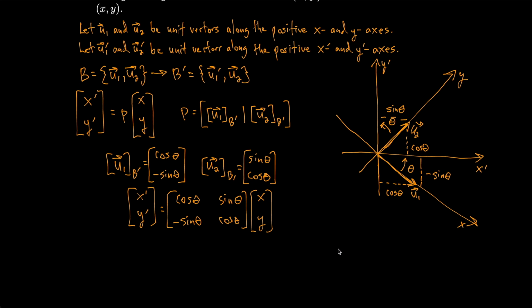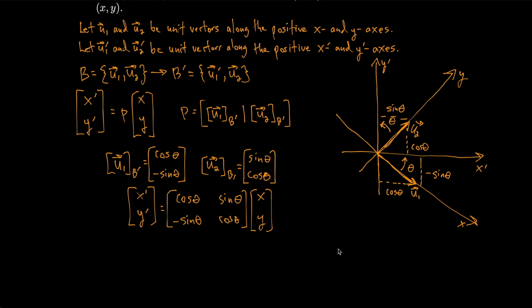But notice that's basically the rotation equations. It's where we just have x prime equal to x times cosine theta plus y times sine theta, and y prime equal to minus x sine theta plus y cosine theta. Okay, so that's one way to see that these are our rotation equations for R2.